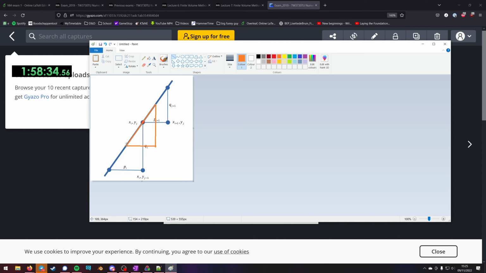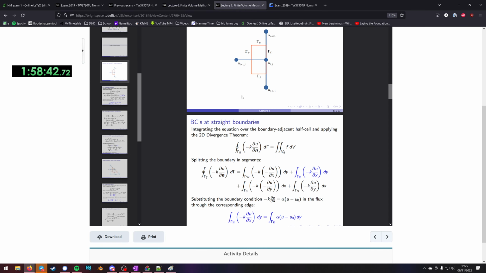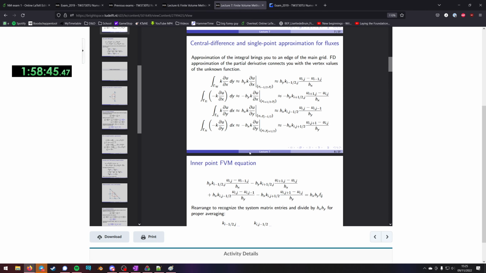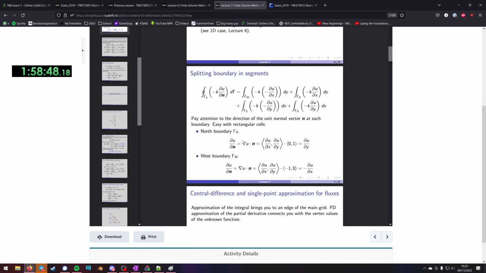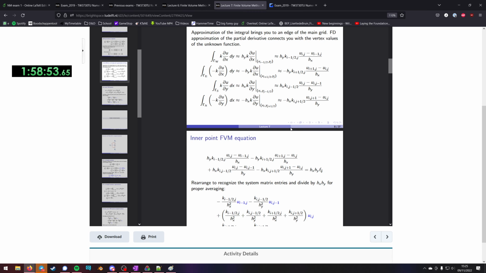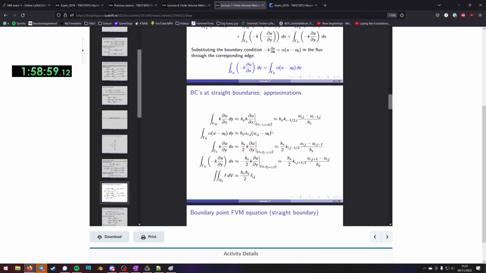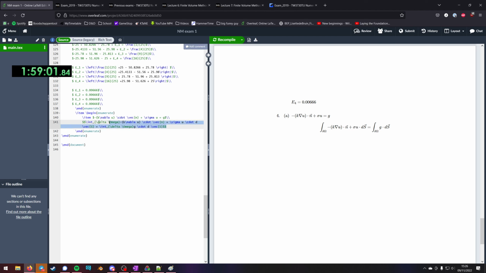So we integrate over the actual. So wait, do we integrate? Oh yeah, they use the divergence theorem. Yeah, no, that makes sense. So what they do here is they apply the divergence theorem, and then it goes from the integral over. Right now this is the integral of the area.